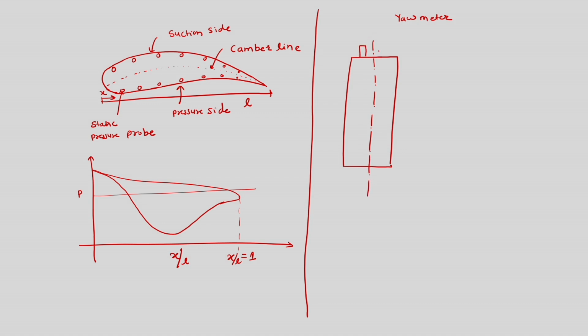Here we would have two prongs, and if we see its top view in a section, then we can see that there are two holes, and those two holes are basically connected to two tubes, and those two tubes are connected to manometers.